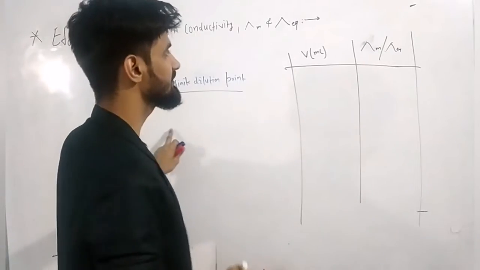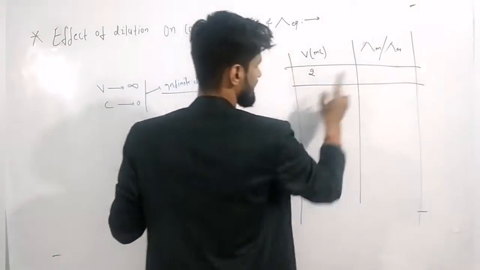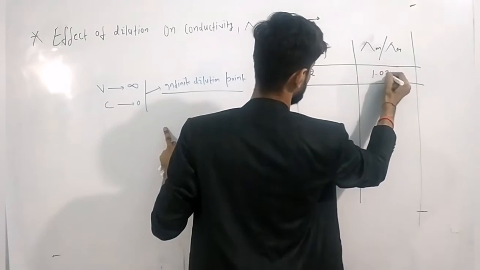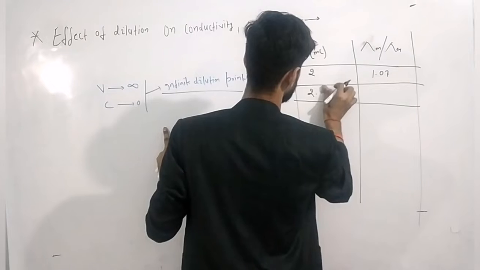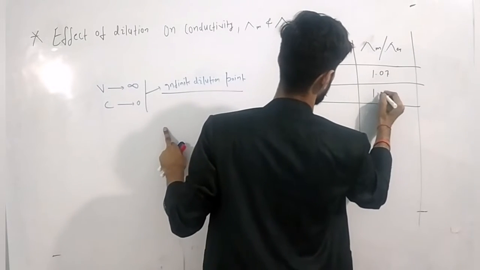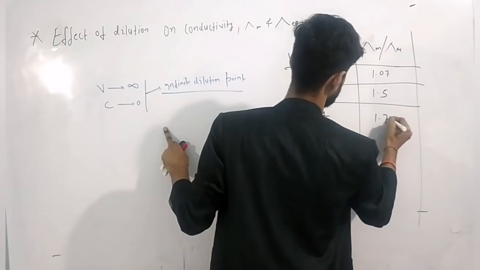Now, if you take volume in milliliters, at 2 milliliters the kappa molar is equal to 1.07. If you increase the volume to 2.2, kappa molar becomes 1.5. At volume 2.4, kappa molar becomes 1.75.